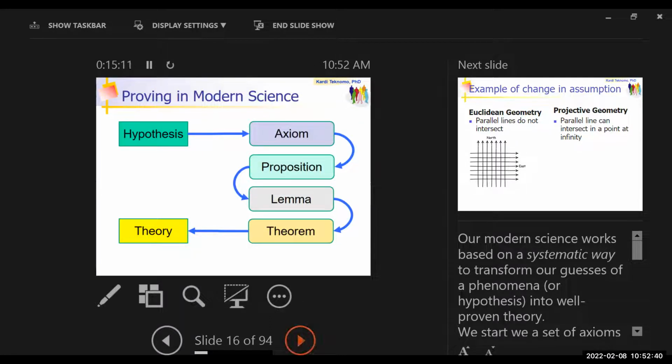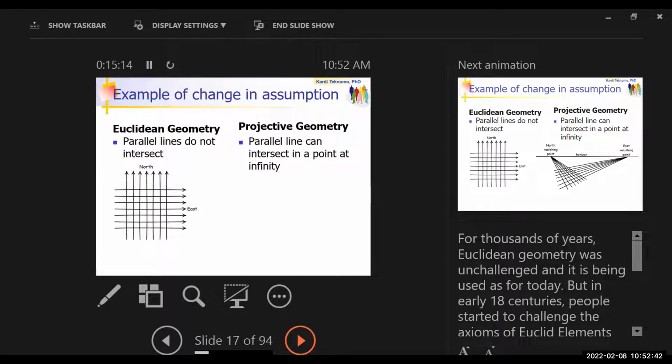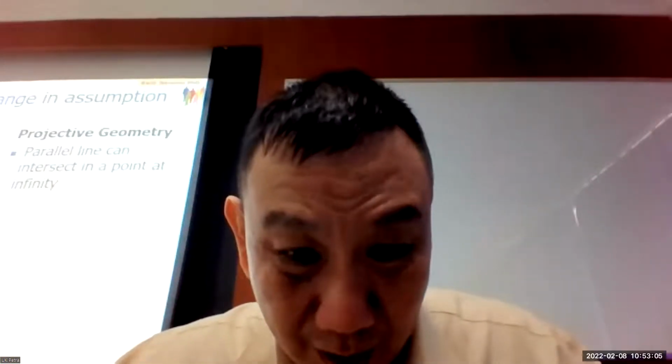So this is an example of the change in assumption. Can you draw a line here? Can you annotate on this slide? Is it possible to annotate?